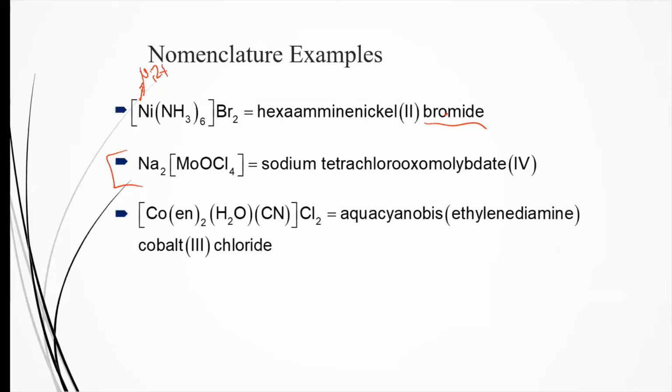Now, the cobalt one's a kind of interesting one because we have a lot of things going on there. So we have 3 different types of ligands. We have water, which we call aqua in its ligand form. We have CN, which is our cyanide, or cyano. And then we have the ethylenediamine.